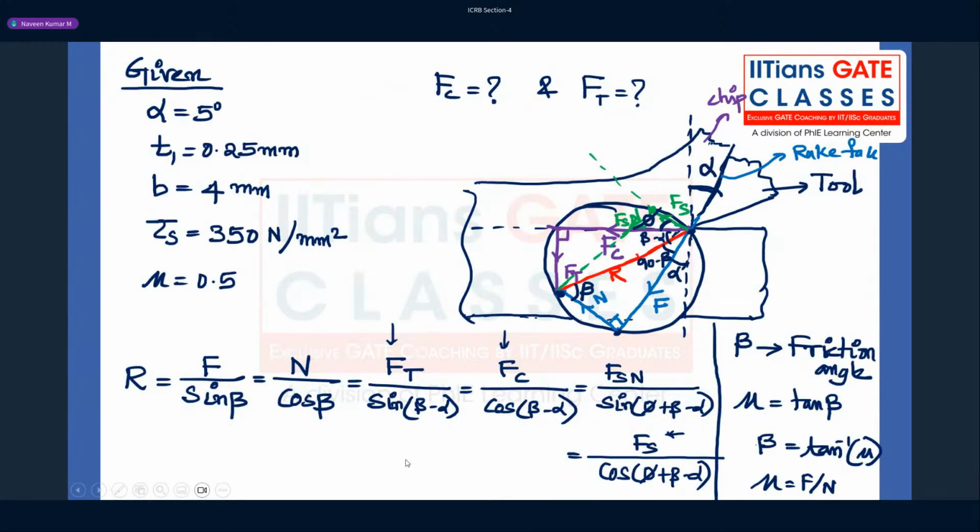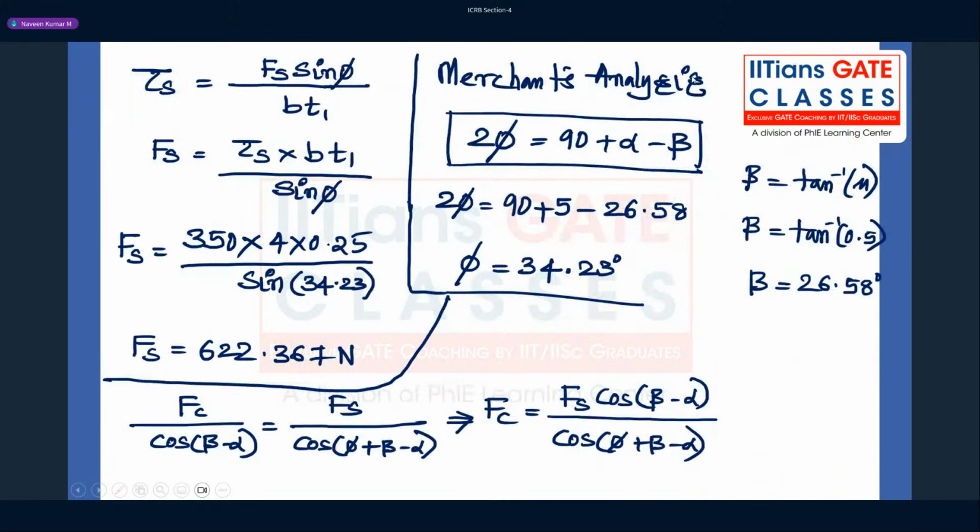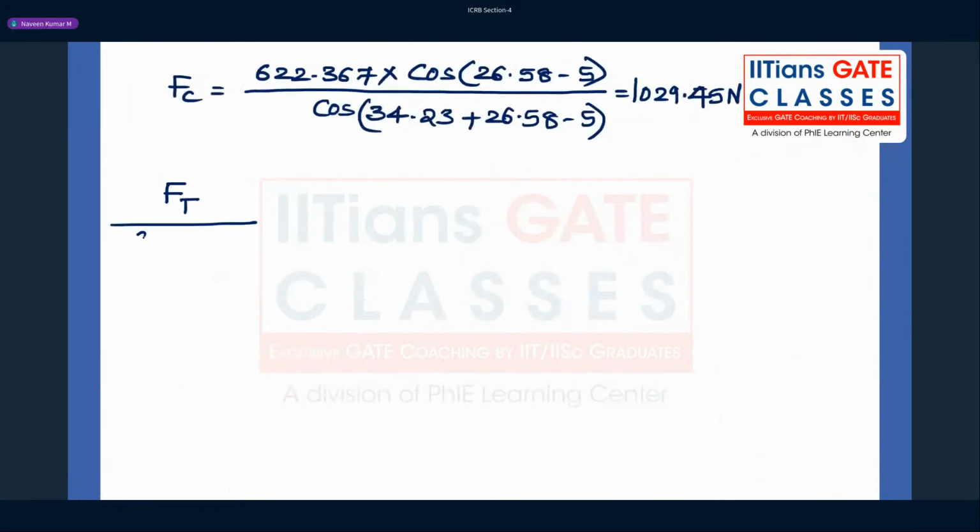In a similar way, you can calculate Ft also by equating Ft by these two. Ft by sine beta minus alpha is equal to Fs by cos phi plus beta minus alpha. Same thing, substitute. So I'll write the formula here.